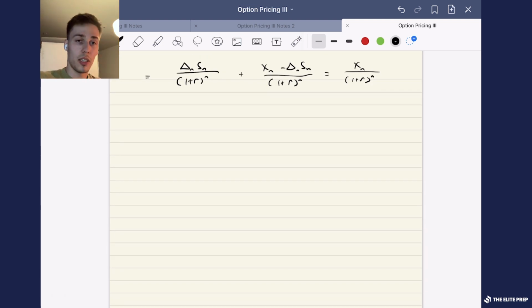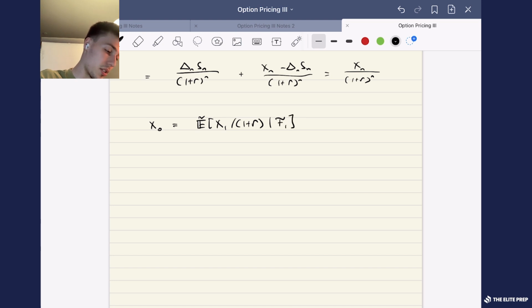Once we know that the trading strategy is a martingale, we can apply the Tower property to iteratively compute the price of a trading strategy at time 0. x0 is just equal to the expected value of x1 over 1 plus r conditioned on F1. That's equal to expected value of, because by martingale property, we have x1 over 1 plus r is just equal to the expected value of x2 over 1 plus r squared conditioned on F2.